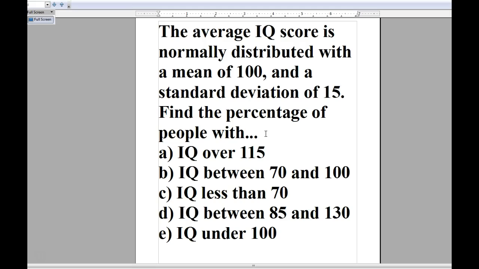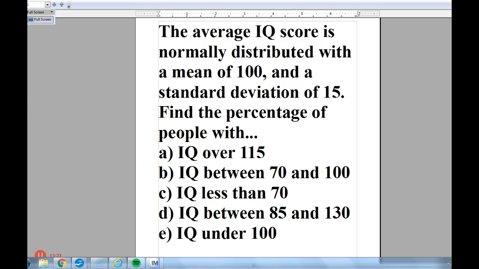I'm not saying you have to do it yet. I'm going to go through it. You're welcome to start. So there are a couple things they might ask you to do. One, they might ask you to just graph it or sketch a graph. If they ask you to sketch a graph, you're putting 100 there and saying that's the mean. Putting 85 there and saying that's minus 1 standard deviation.